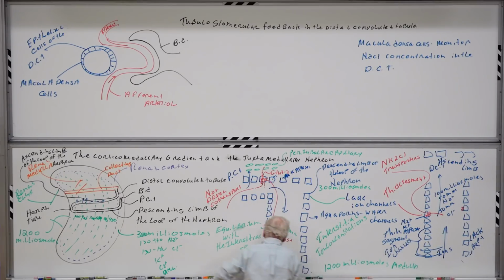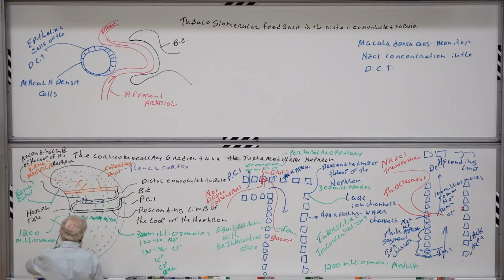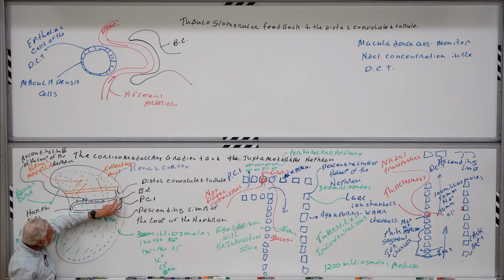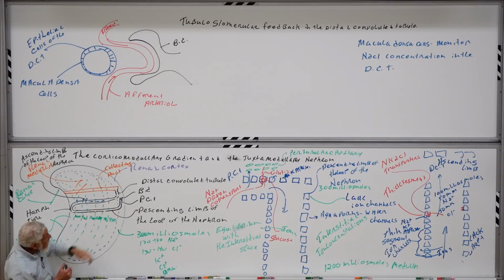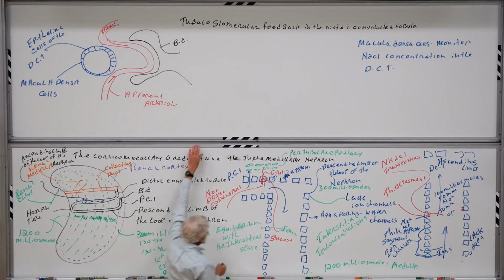Now, what's happening is that we're monitoring this sodium chloride concentration out here, where the distal convoluted tubule enters the cortical region of the kidney. If the sodium chloride concentrations are high here, that tells us that the fluid in the tube has not spent long enough in the tube, and there hasn't been an adequate opportunity in time to remove those ions.